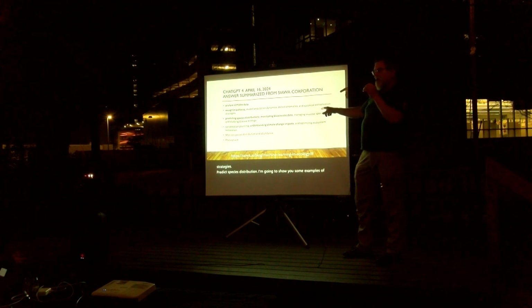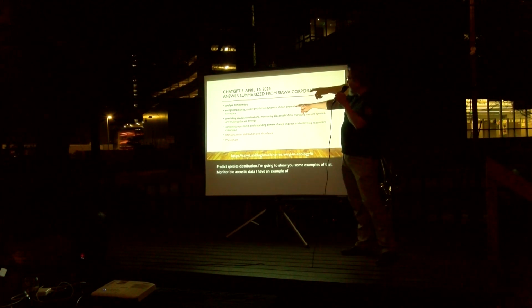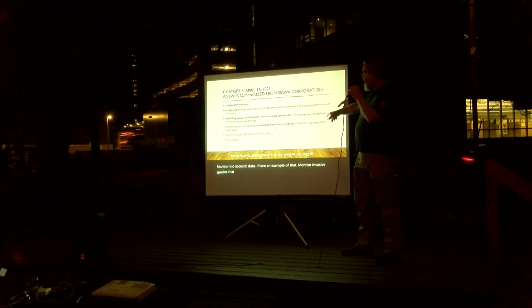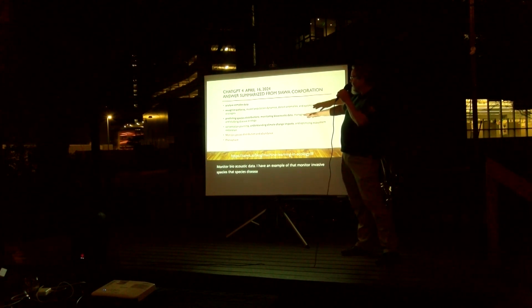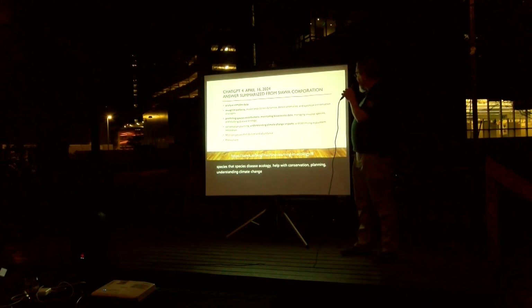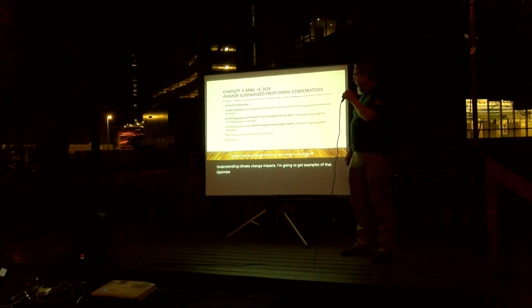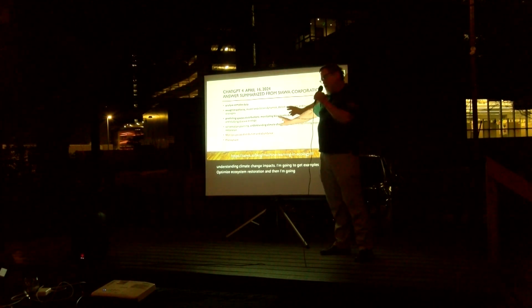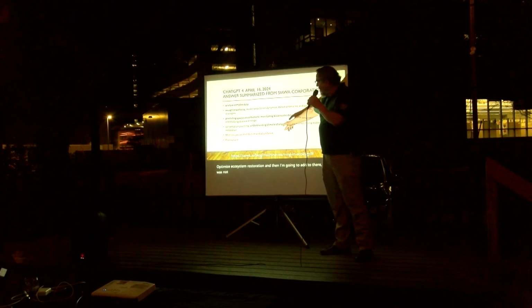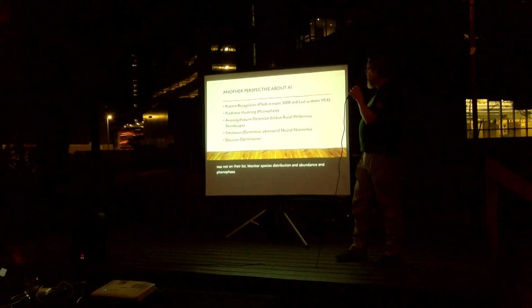Monitor bioacoustic data. I have an example of that. Monitor invasive species, study species disease ecology, help with conservation planning, understanding climate change impacts. I'm going to give examples of that. Optimize ecosystem restoration. And then I'm going to add onto there, which was not on their list, monitor species distribution and abundance and phenophase. So next slide.